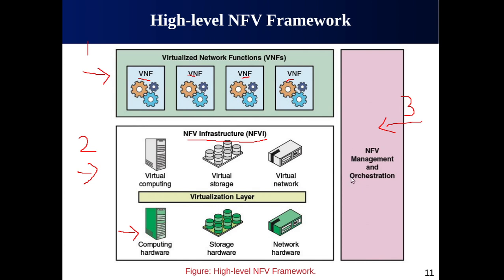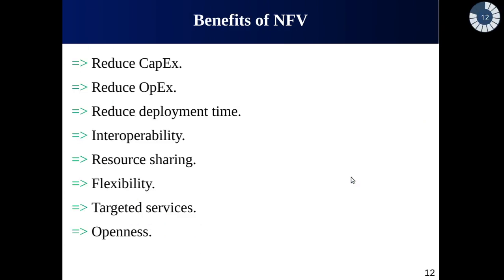Now let us see some benefits. If we use network function virtualization, what are the benefits? So the first benefit is cost reduction. Capital expenditure will be reduced if we are using this network function virtualization approach. Why? Because if more resources are required, then you are not going to buy the actual hardware.